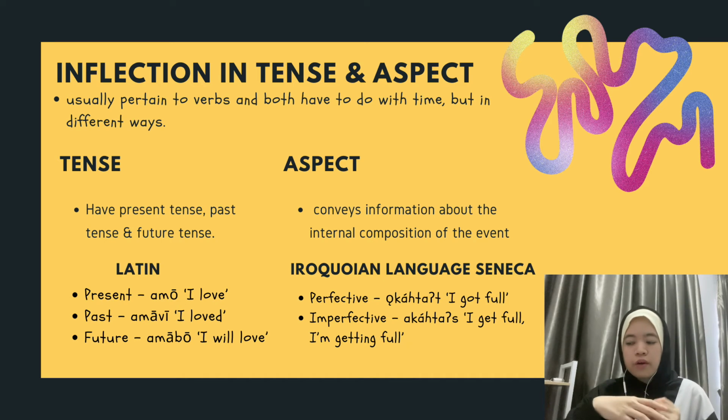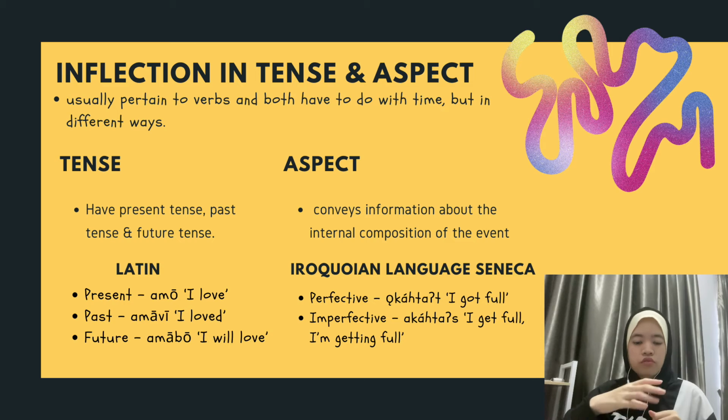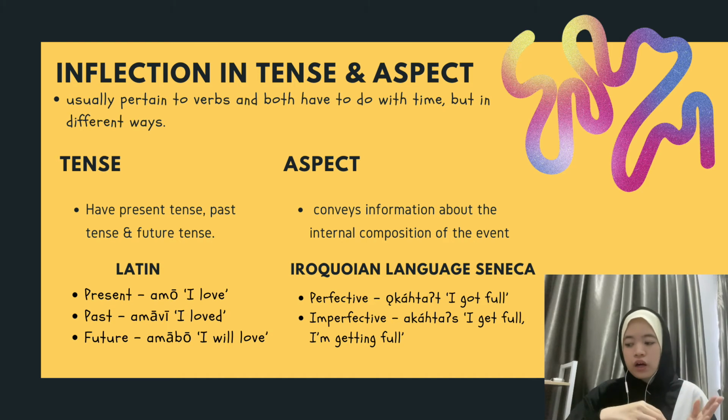So it has present tense, past tense, and future tense. For example, the Latin language creates both past and future inflectionally, that is by means of morphology on the verb. For the present, I love; for the past, I loved; and for the future, I will love.